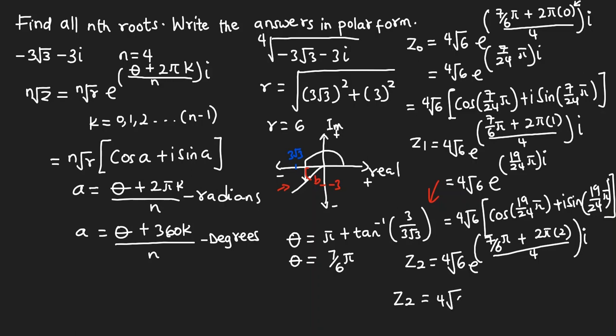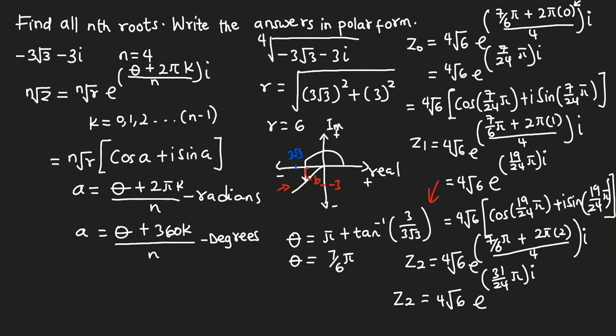Okay, so you're going to have 7 over 6 pi plus 4 pi, all being divided by 4. So this will give us a value of 31 over 24 pi. Let's bring our i.